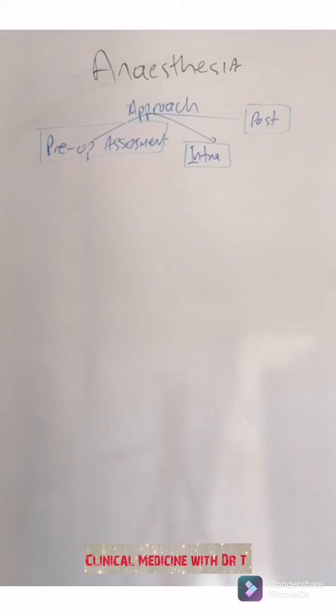You'll tell them, okay, pre-op I'll do A, B, C, and D. Intra-op, this is what I'm going to do. These are the drugs that I'm going to use, and this is the airway management technique that I'm going to apply on this patient. And post-op, this is where they will be managed, and these are the things that are going to be done post-op.